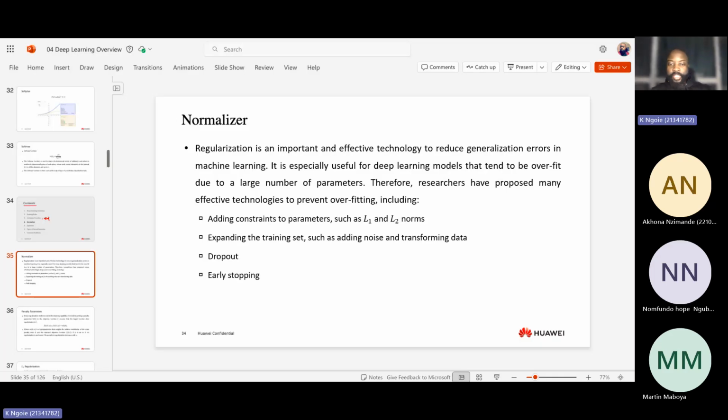Can anybody give us an example of a parameter? Anyone should know at least one example of a parameter in deep learning.